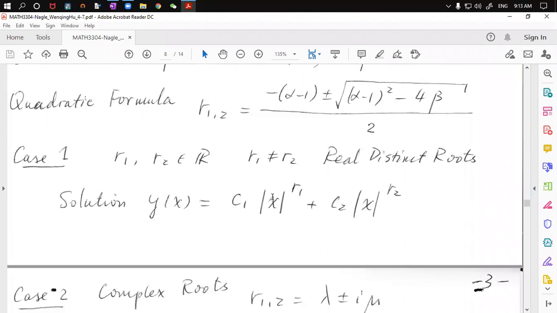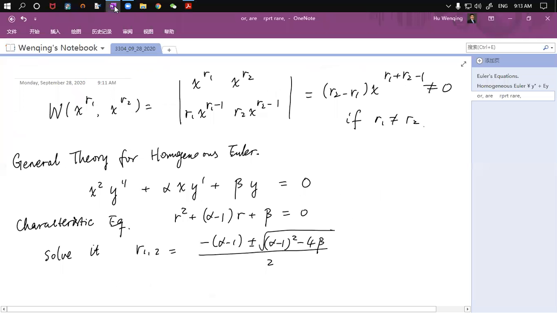Case one says that you have two real roots and they are distinct, right? So case one is real distinct roots. That means R1 and R2 are both real and they are not equal to each other.